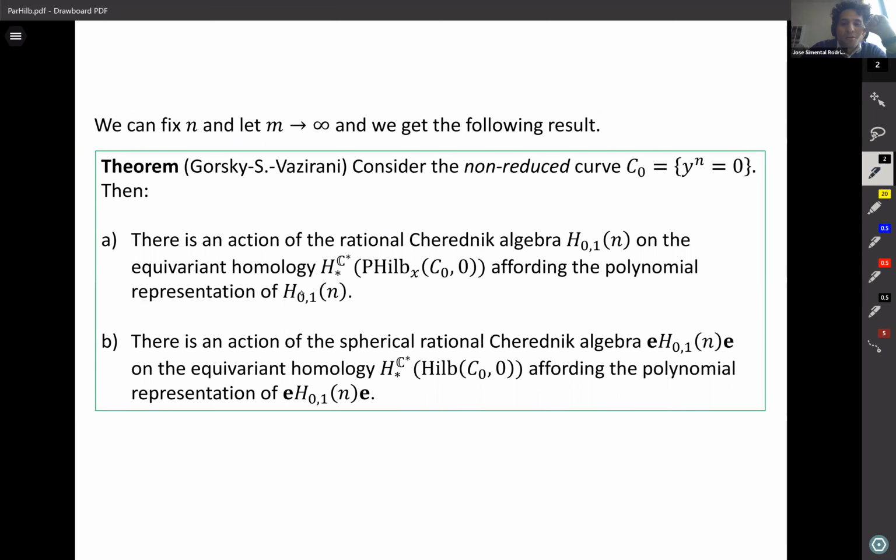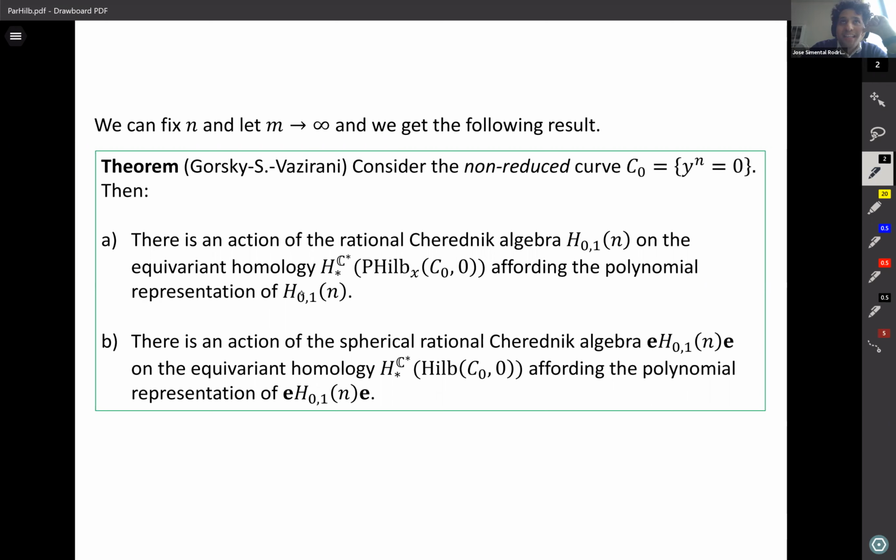And going to the spherical subalgebra, I have an action of the spherical rational Cherednik algebra on the equivariant homology of the Hilbert scheme of this non-reduced curve. That again gives you the polynomial representation of the spherical Cherednik algebra. And you will notice that there is no part C here. I don't have a Gieseker statement here.